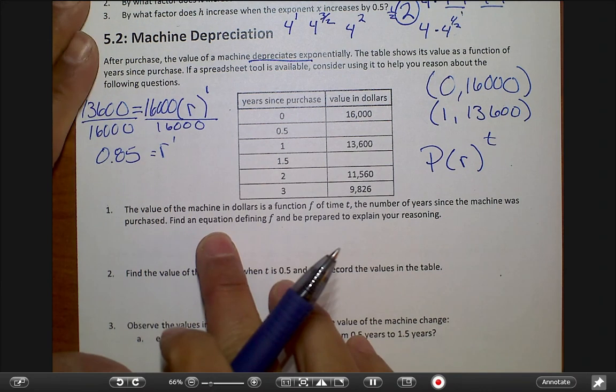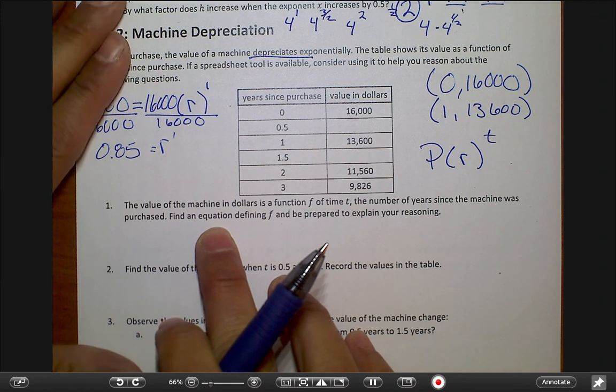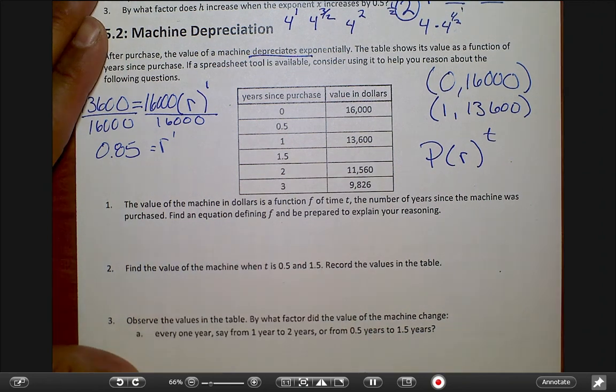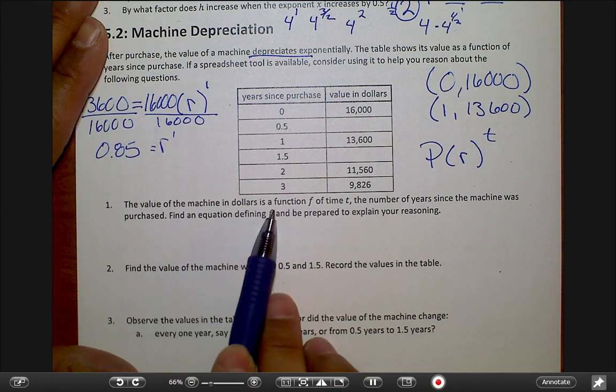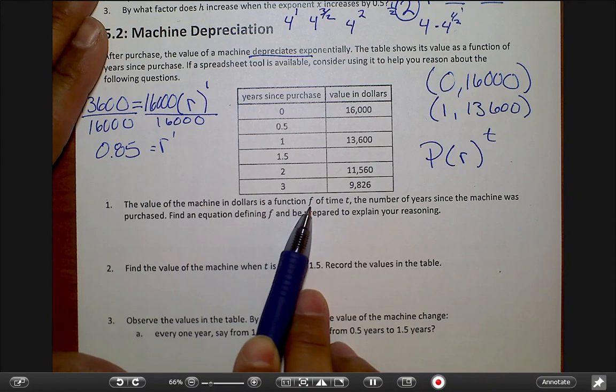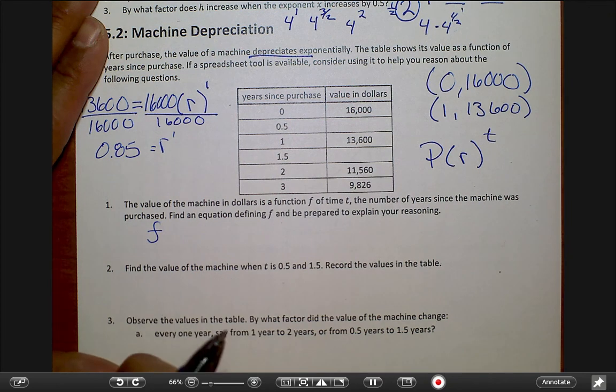So for this first question, we are solving for my function. Okay, so we're going to go ahead and write this out. How am I going to start this out? I'm writing a function, right? So I write f of, what variable am I using?